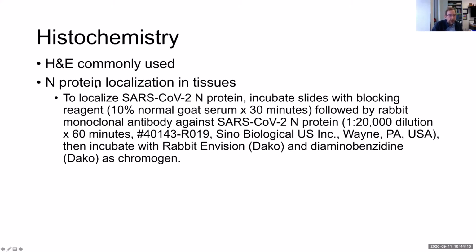We've been using the N protein as a target to localize antigen in tissues. We've tried several antibodies. This one that's commercially available seems to work quite well in our hands under the conditions that I've outlined here.